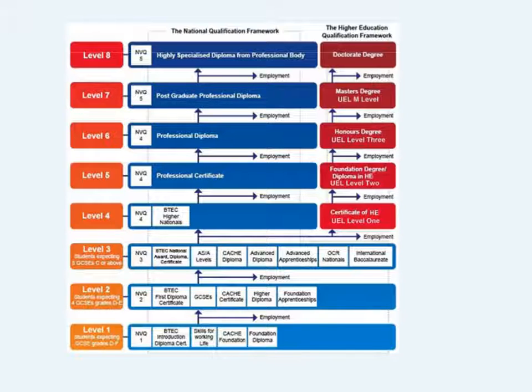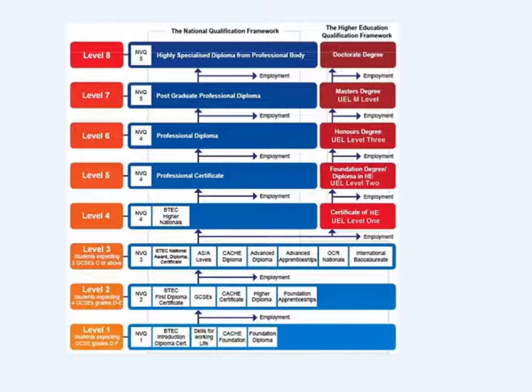Now the reason why I'm just going to say a few words about it now is that your module code, the module that you're registered on, is graded at a particular level, and that's to do with a mixture of what academic study you've done previously and how analytical we would like your assignment to be. Basically, the higher the level, the more analytical we expect that to be.